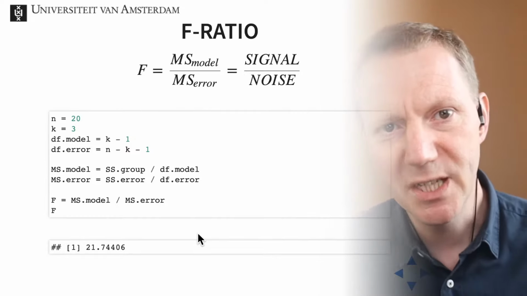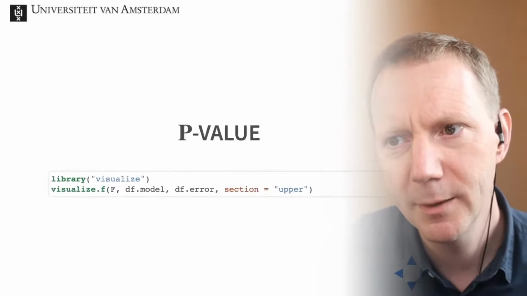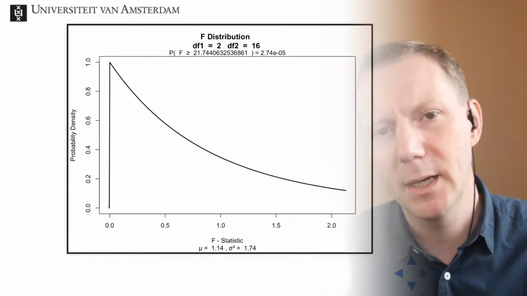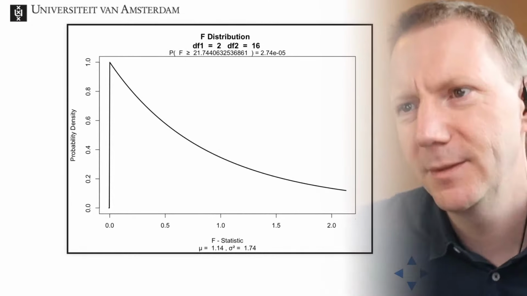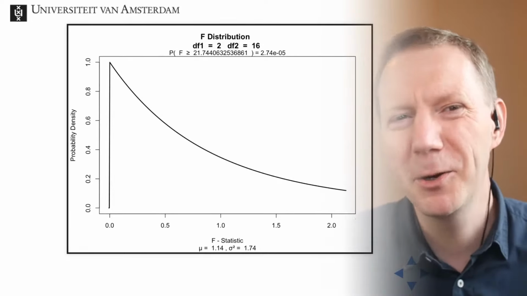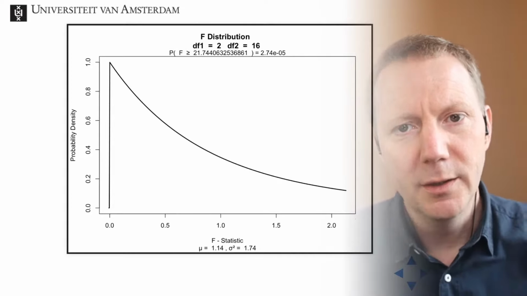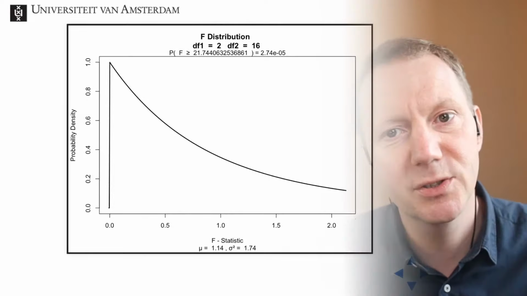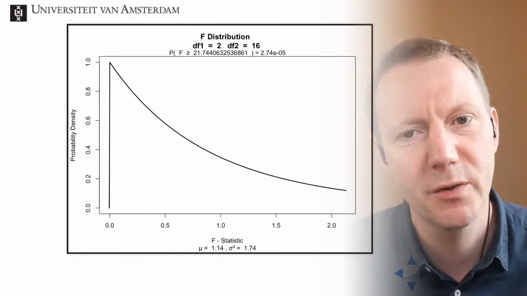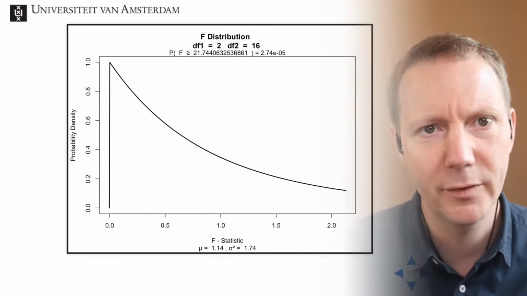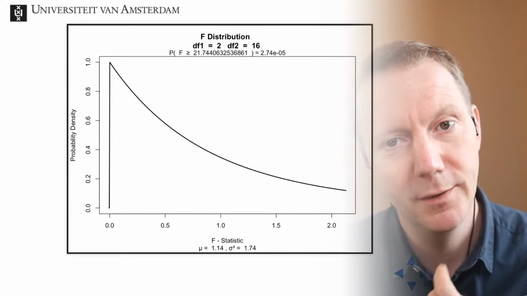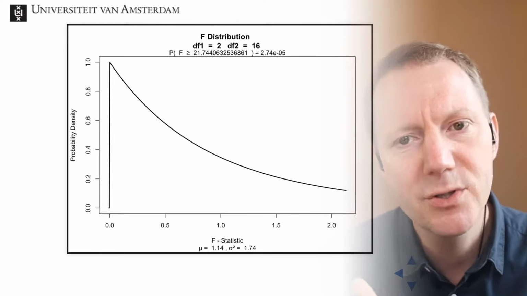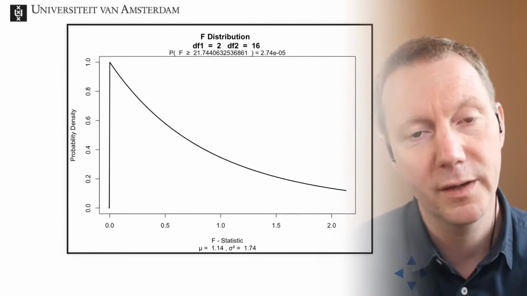So under the assumption, as we've seen last week, of the null being true, we can plot an F distribution, and we will see that the most frequent observations of F values, given this sample size and the amount of groups that we have in here, small values of the F are more prevalent than large values of the F value.